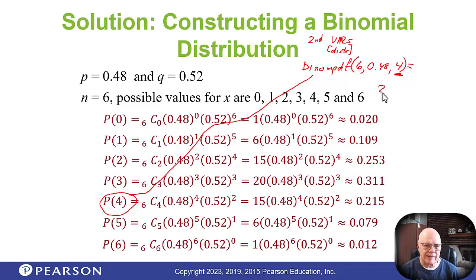When I go to second vars, which is really distribution, what I do to get there a little bit faster is I cursor up, which gets me to the bottom of the list, and then binomial PDF is easier to pick out because it is way down there. It's about number 11 or 12. You can figure it out for yourself.